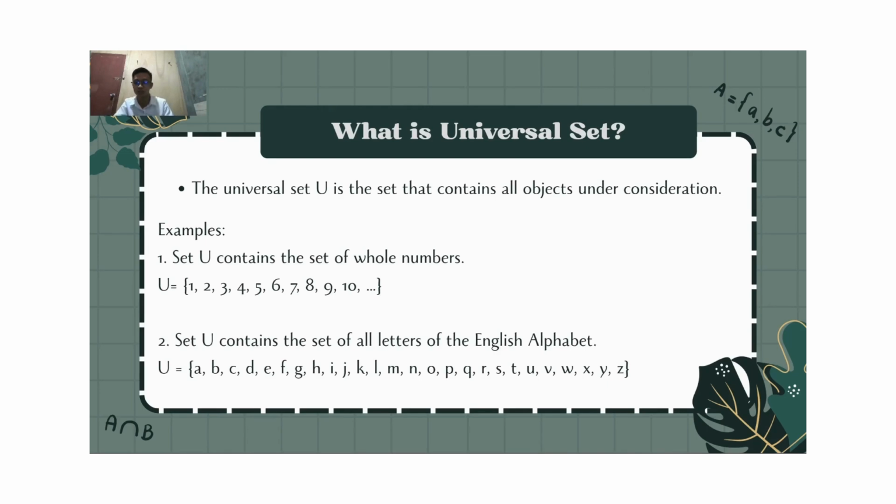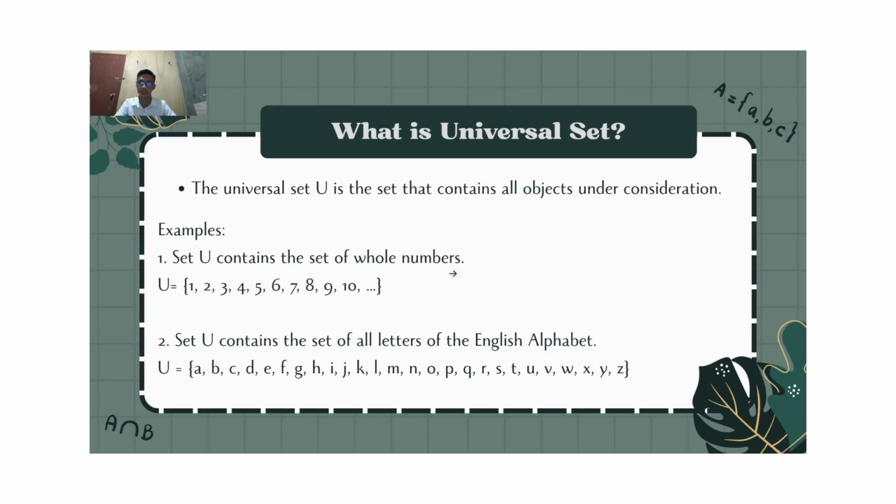For example, number one, set U contains the set of whole numbers. We know about the whole numbers: 1, 2, 3, 4, 5, 6, 7, 8, 9, 10, and so on and so forth. So that is the set of whole numbers, set U.